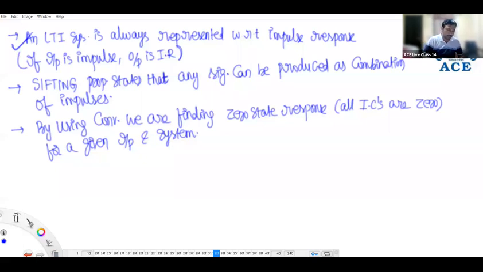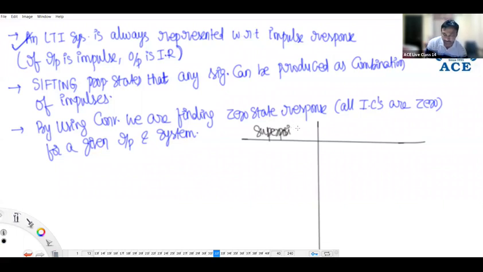Actually, one funny thing you should observe: superposition of impulses has given the thought of how to do convolution.